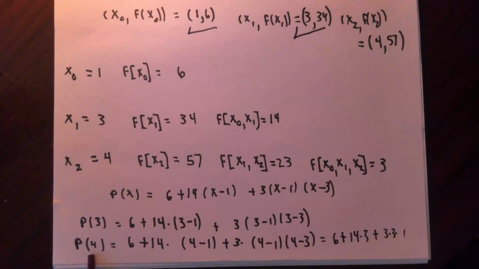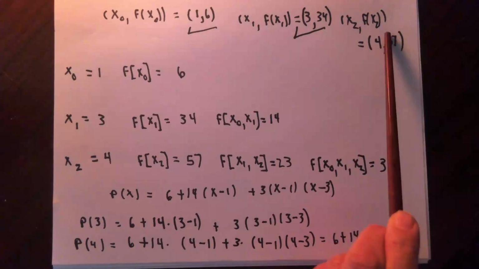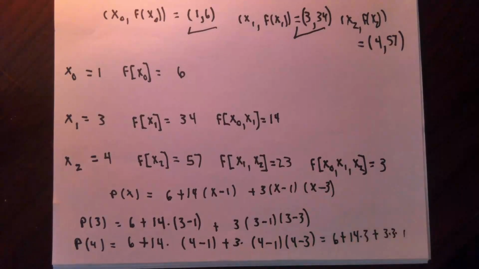If I evaluate the polynomial at the last remaining x number, x2, which is 4, I get 6 plus 14 times 4 minus 1, plus 3 times 4 minus 1 times 4 minus 3. After the dust settles, it turns out that that equals 57. We're supposed to get 57 for an answer.